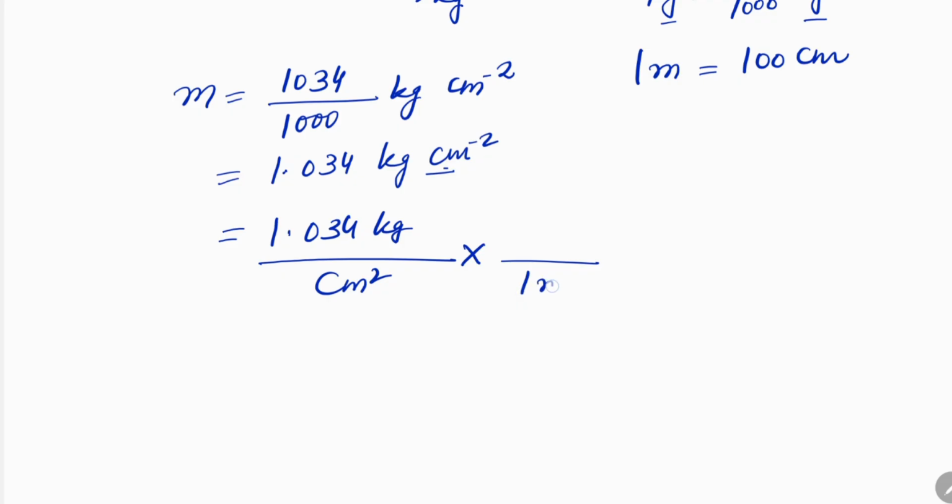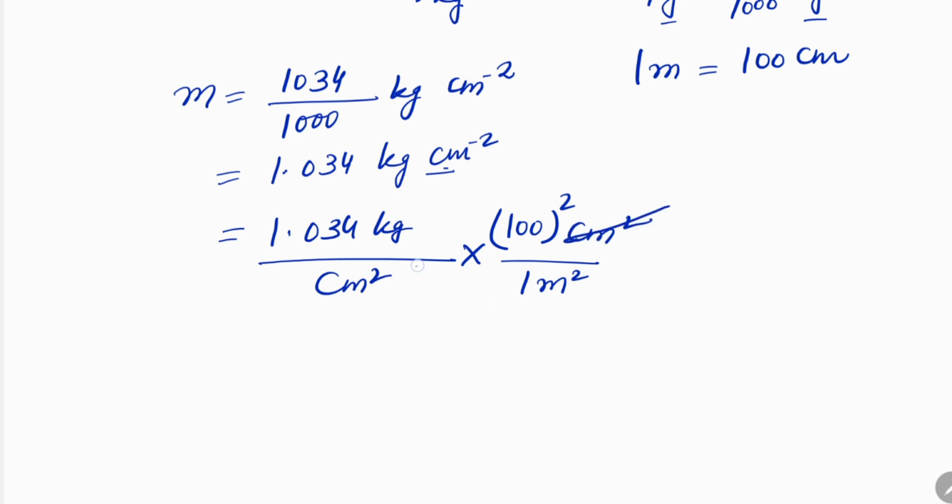So 1 meter square is multiplied into the denominator, and because it is centimeter square, obviously we have the square of 100 centimeter square.